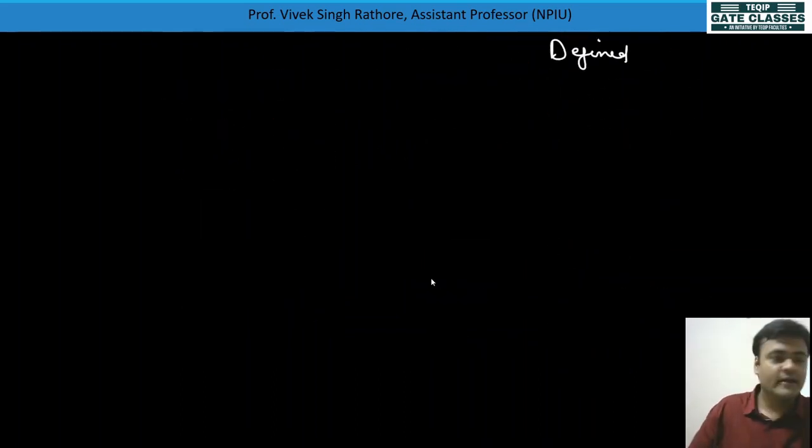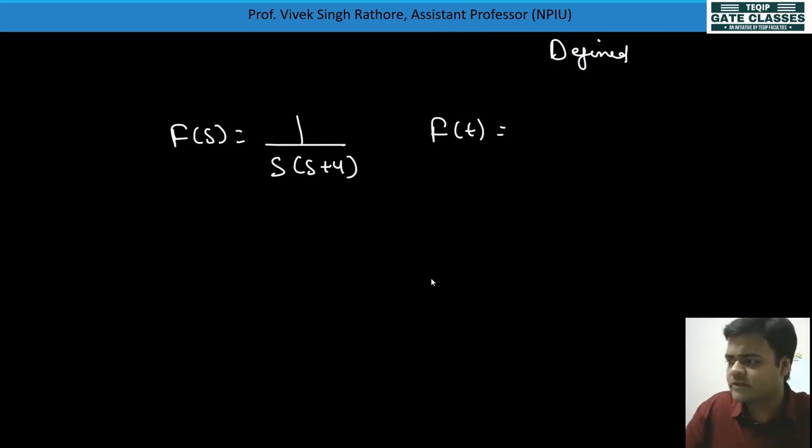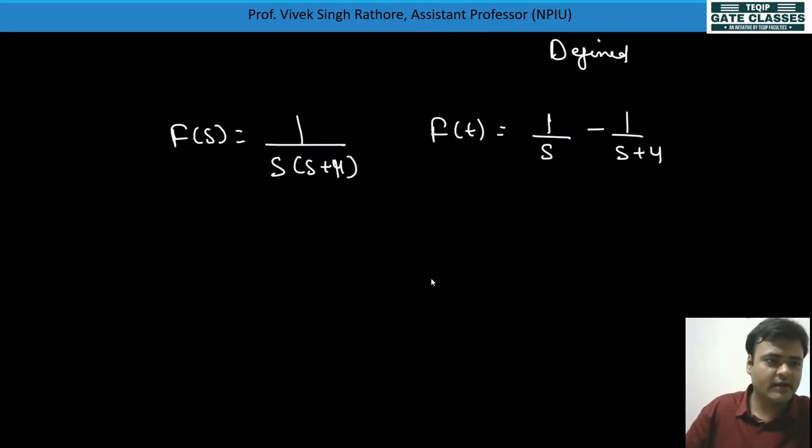If I tell you that F of s is equal to 1 by s into s plus 4, then f of t is 1 by s minus 1 by s plus 4 in partial fractions, so f of t will be 1 minus e to the power minus 4t u of t.